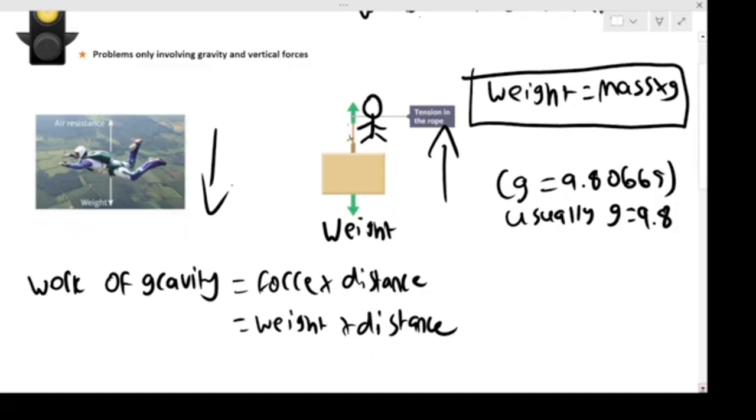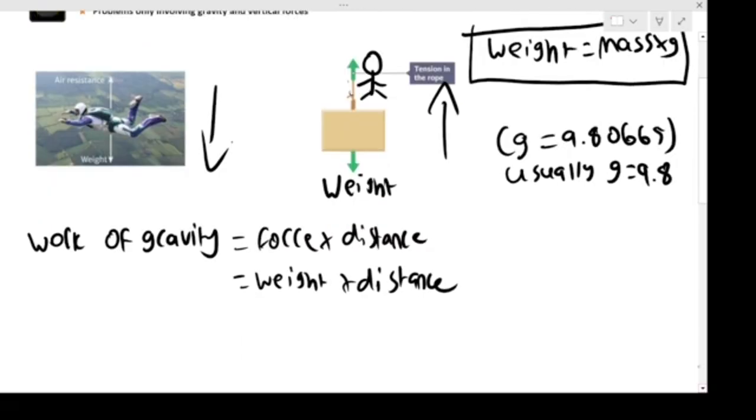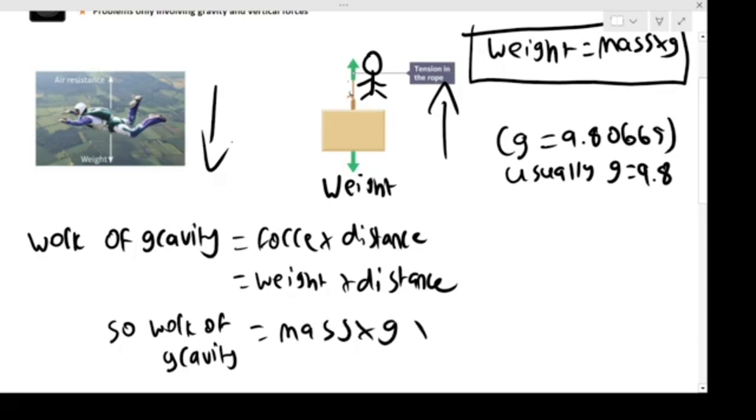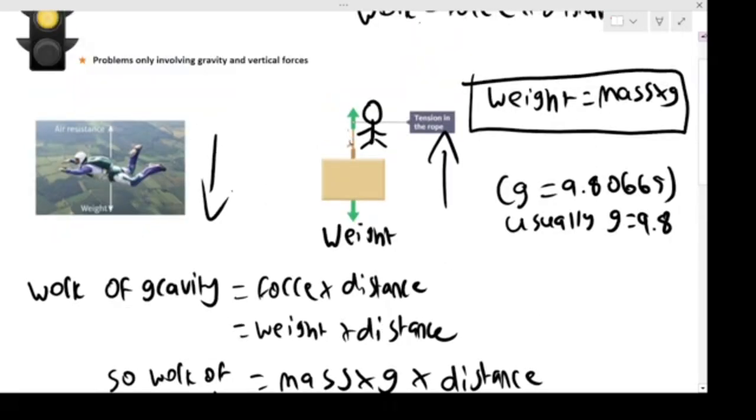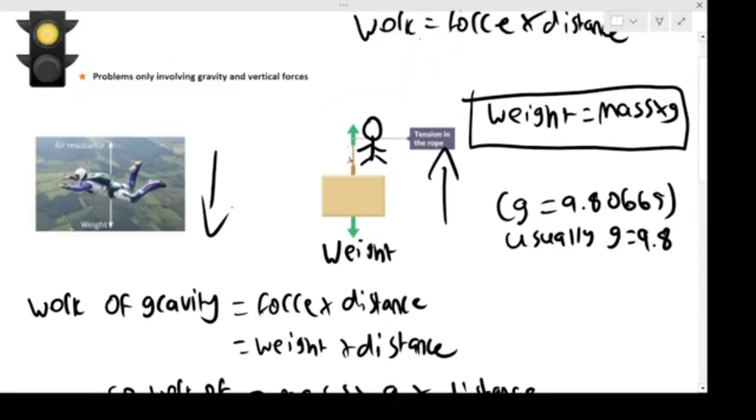So that means we can say that the work of gravity, well, weight, but we know weight is mass times G, so mass times G times the distance. And we can be a bit more specific with distance as well. If things are moving up and down, that's a height.